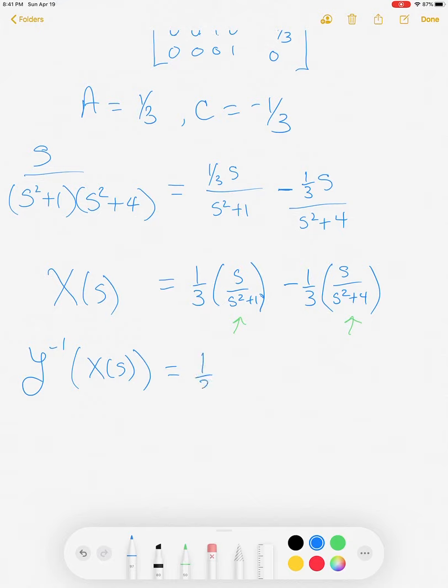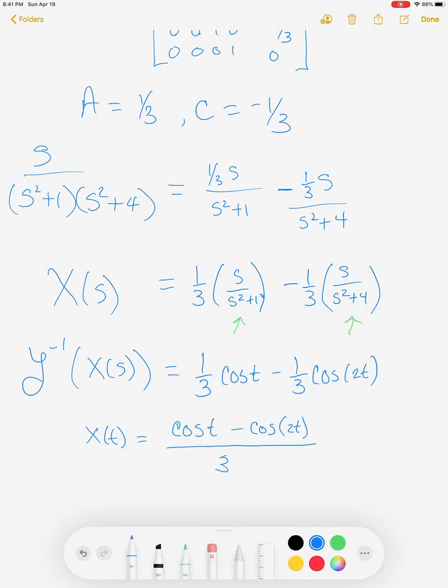So this is 1 third cosine of t, and then minus 1 third cosine of 2t. So this would be lowercase x of t equals, and I suppose I could factor out the 1 third, so I'd have cosine of t minus cosine of 2t, all divided by 3. And that is my solution.